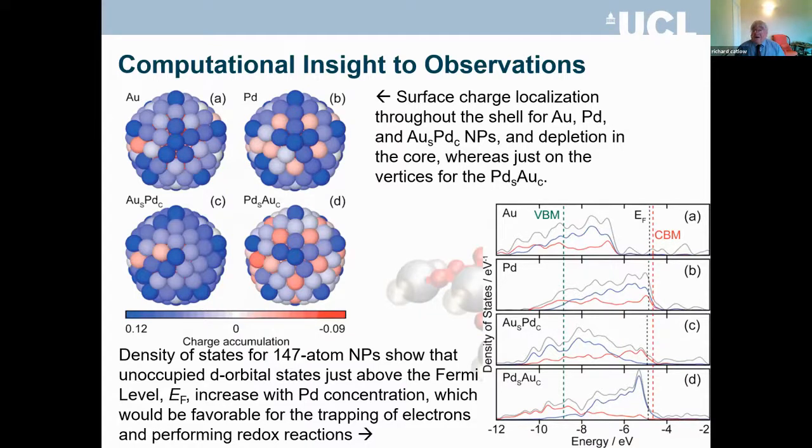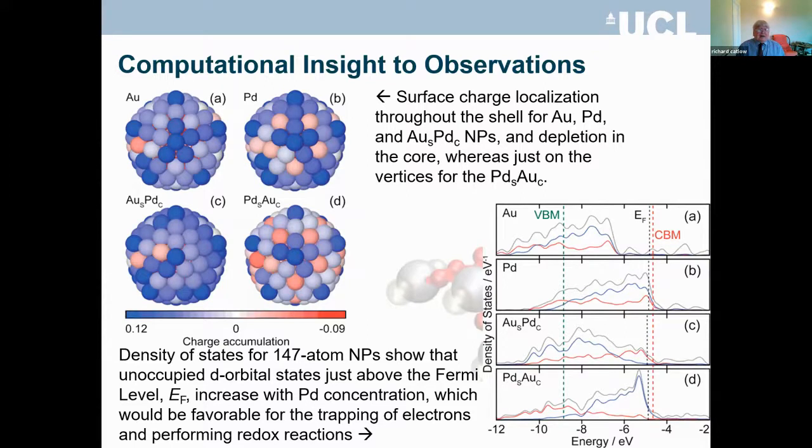You see that the density of states for gold is very low in that region. For palladium, the density of states is much higher. So when you include palladium, you introduce density of states in this key region to accept the electrons. So we begin to get some understanding of why the alloying is important.